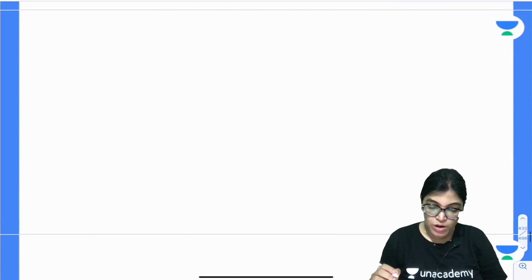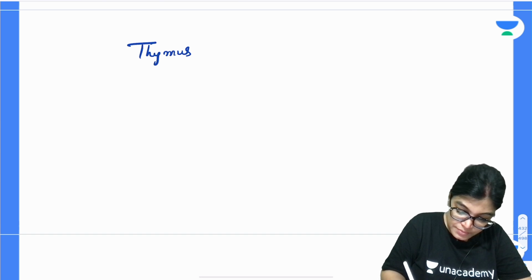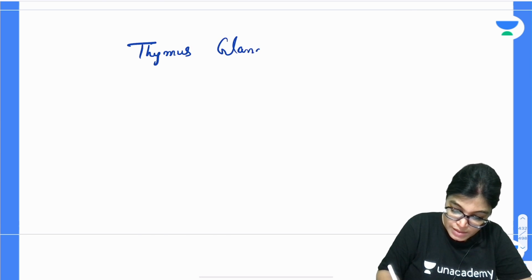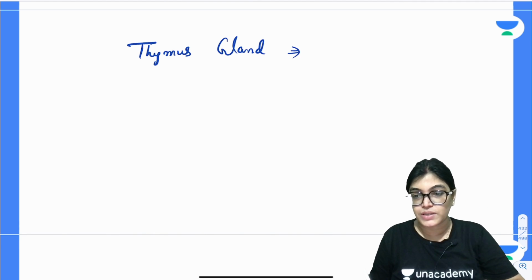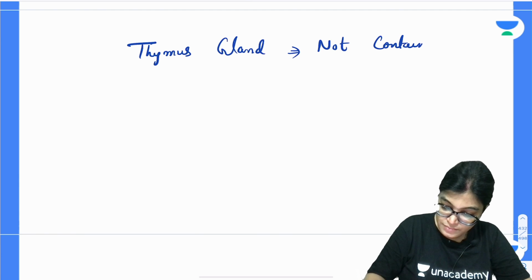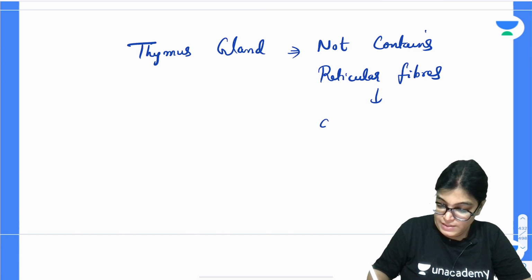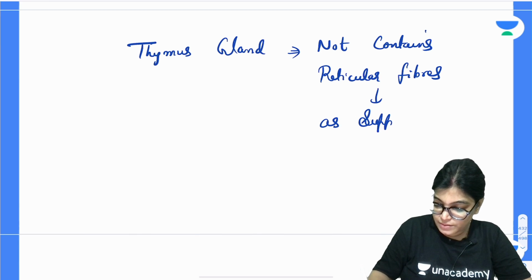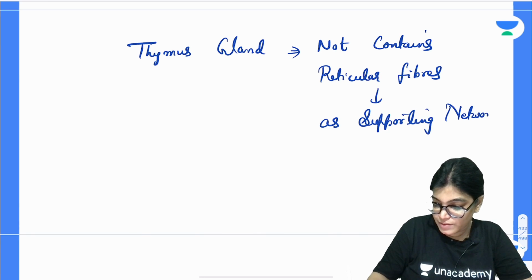So write down this important information. Thymus gland is one of the lymphoid structures which does not contain reticular fibers as a supporting network, or you can say framework.